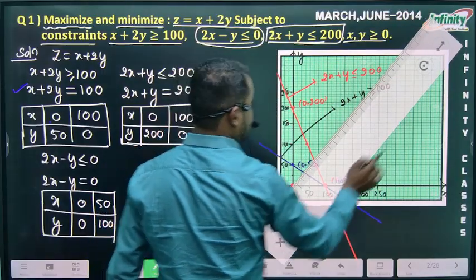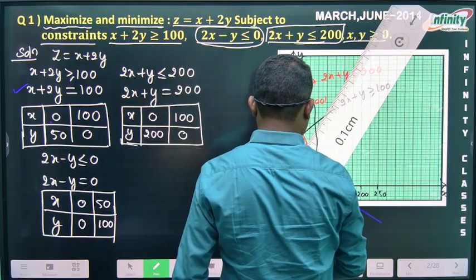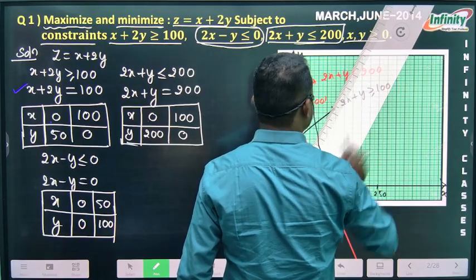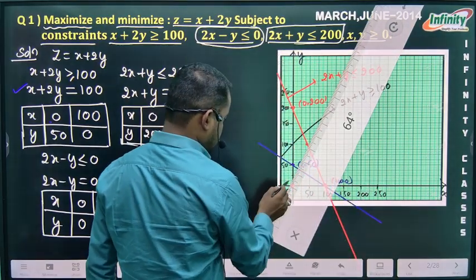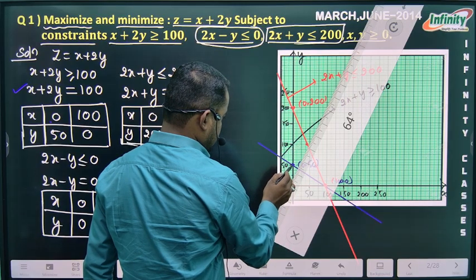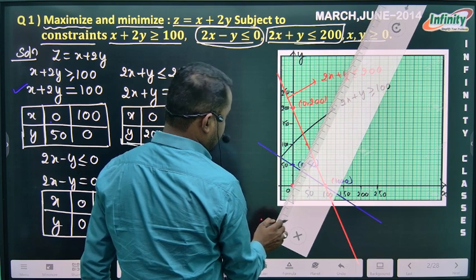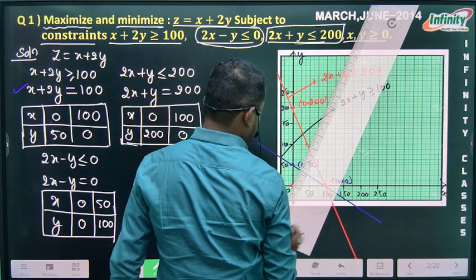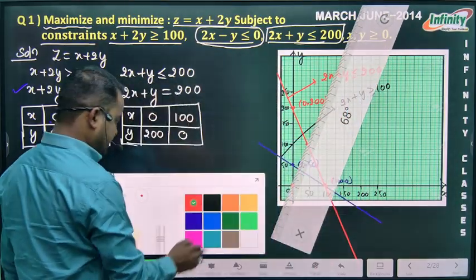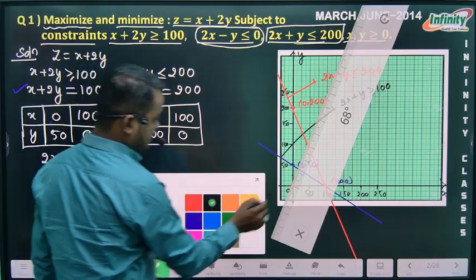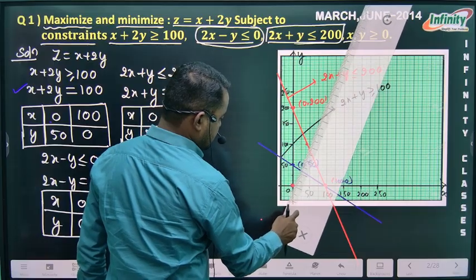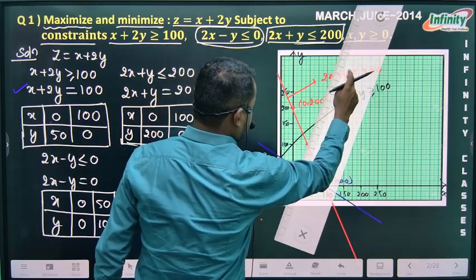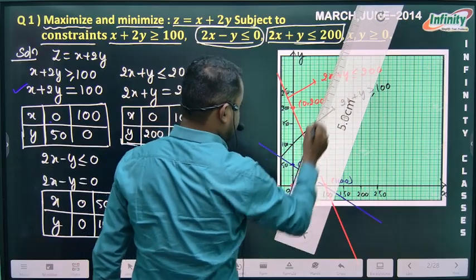Draw the straight line here for this one. And this is the line.